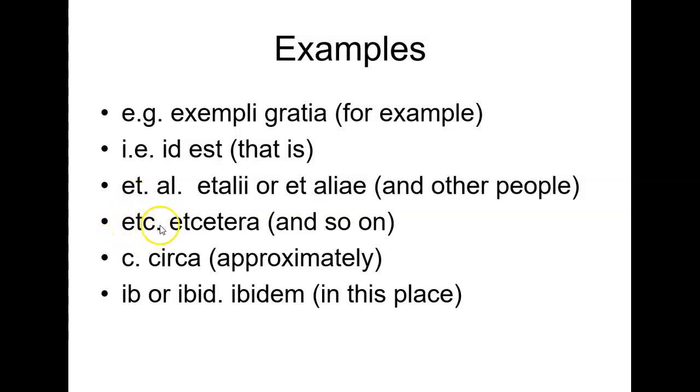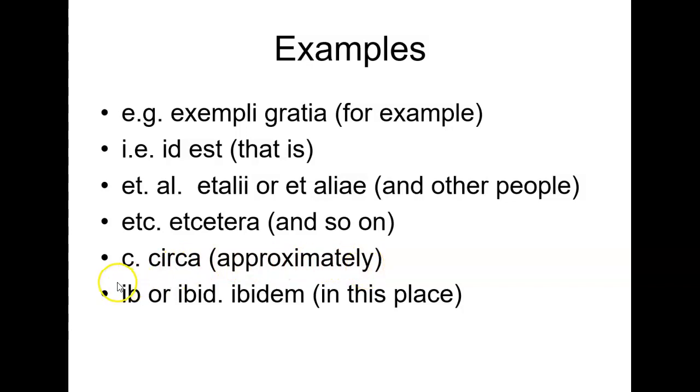Another example here, this one's very common, etc. This is an abbreviation that we use for the Latin term et cetera, which means and so on. All right? And then simply the abbreviation c., which stands for the Latin circa, that means approximately.